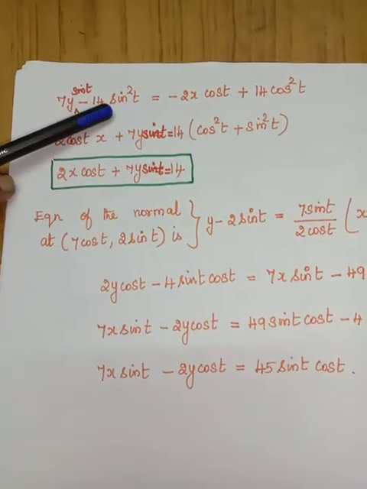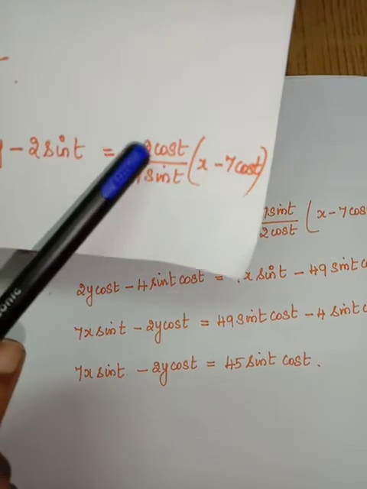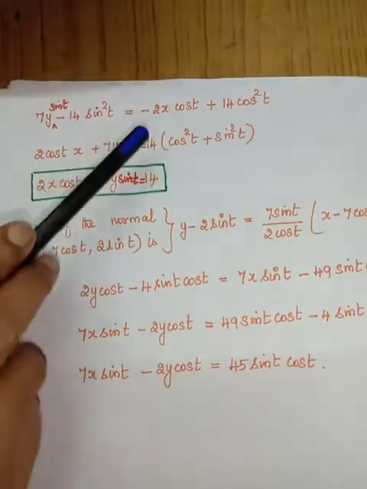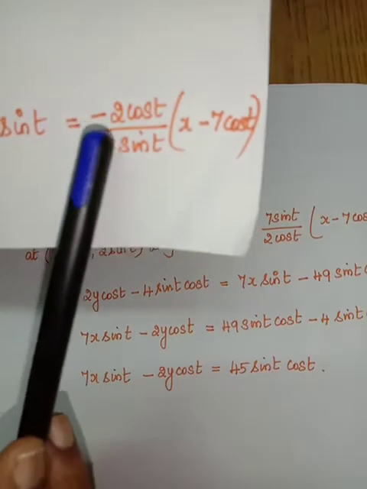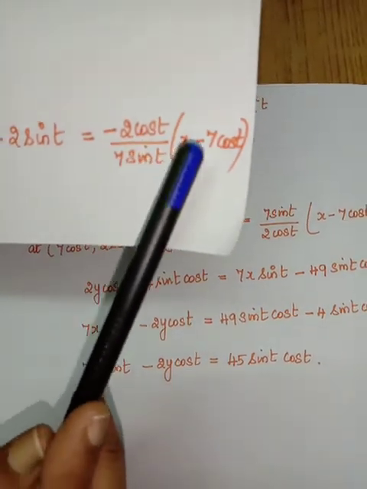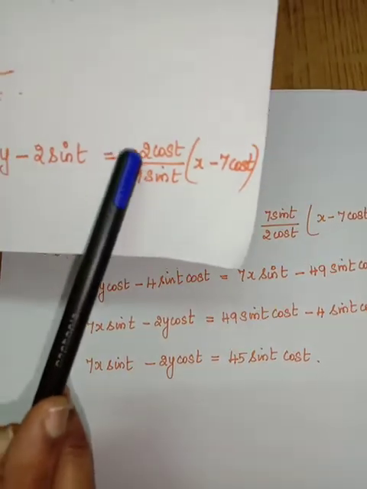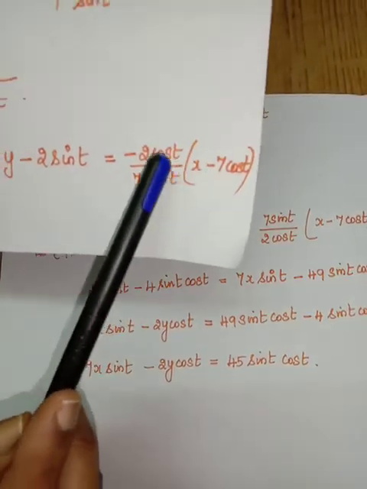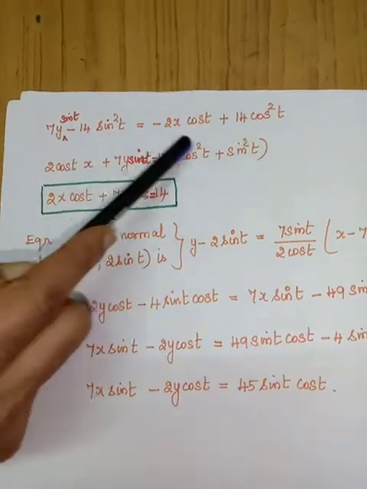Here I have written -14 sin² t. Come to the right side, -2 cos t into x, so it is -2x cos t. Now, you see that -2 cos t into -7 cos t: minus into minus is plus, 2 into 7 is 14, and cos t into cos t is cos² t.